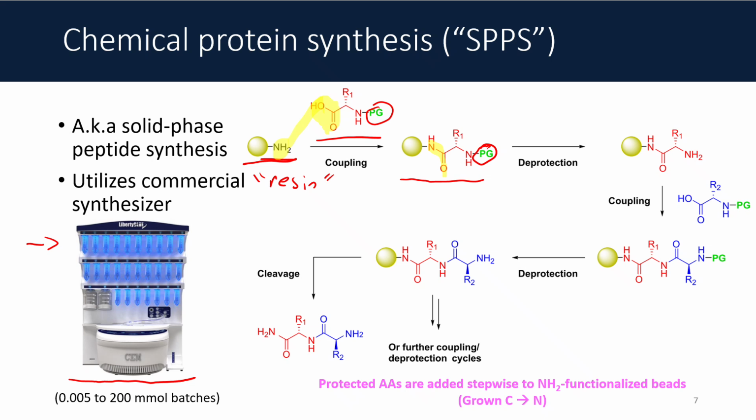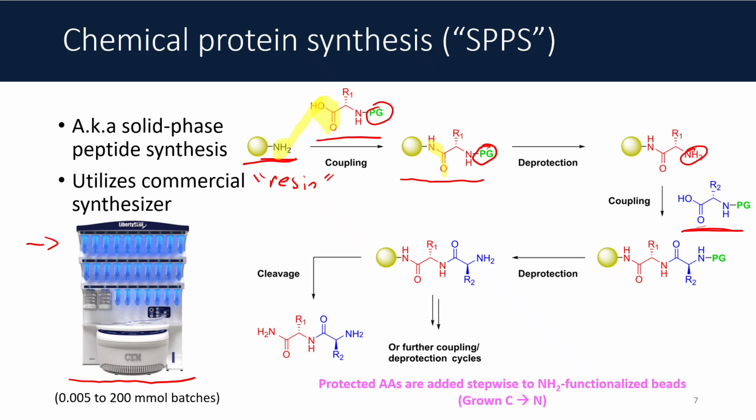Anyway, once we add on that first amino acid, we then need to deprotect the N-terminus of the amino acid we just added on. By doing that and liberating the amine again, we now have a free amine exposed, which will allow us to do the next coupling step, where we're adding in this blue amino acid.